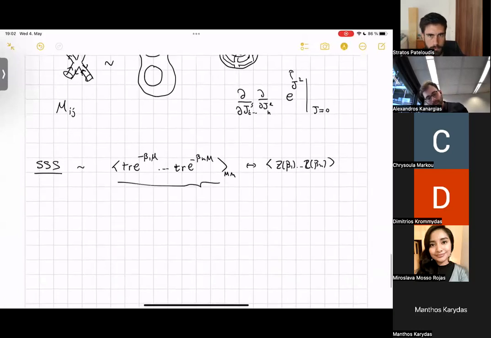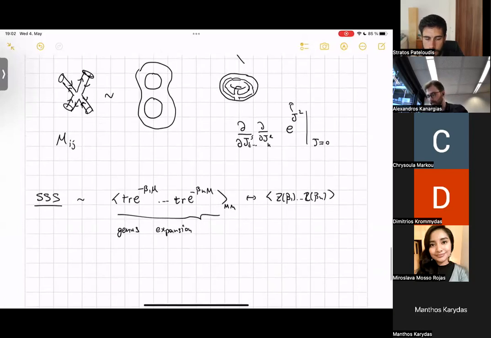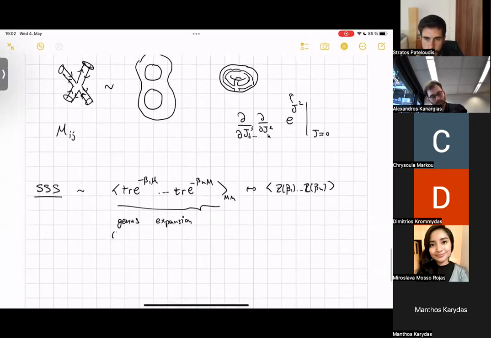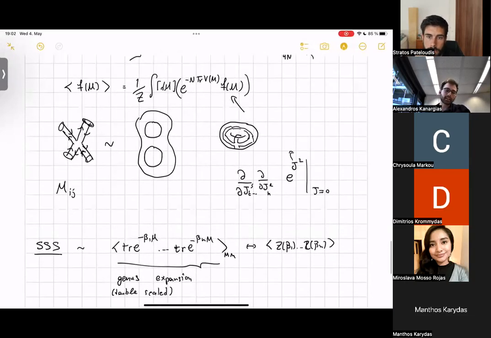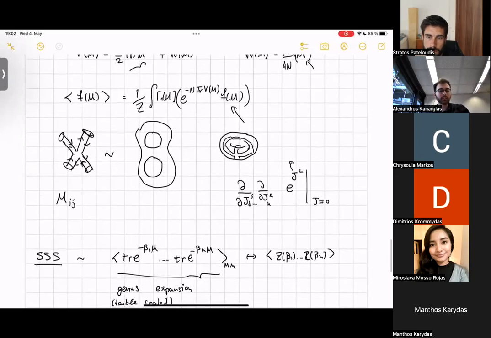And so there is a genus expansion of this thing in the sense that I described above. There is a subtlety here. This is not exactly the matrix model I showed here.